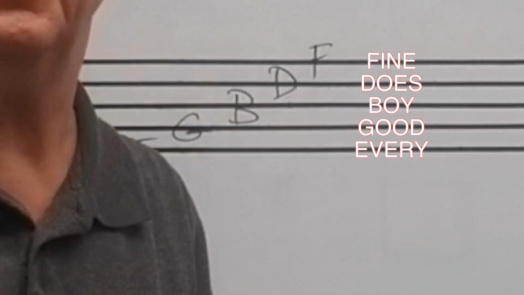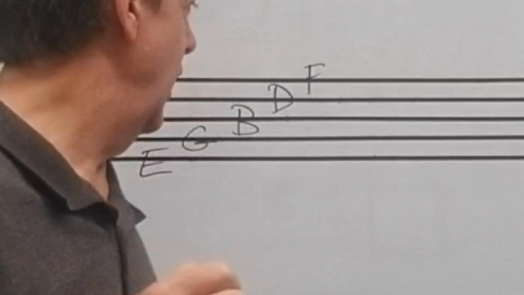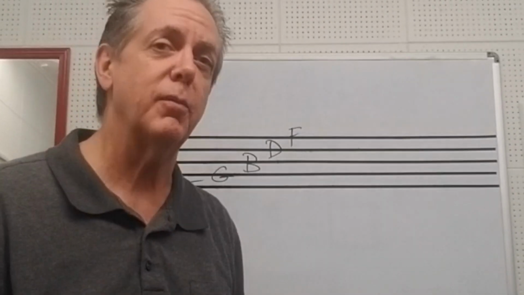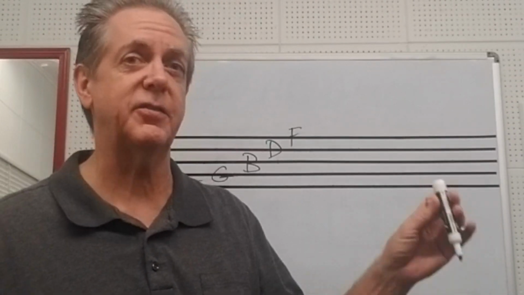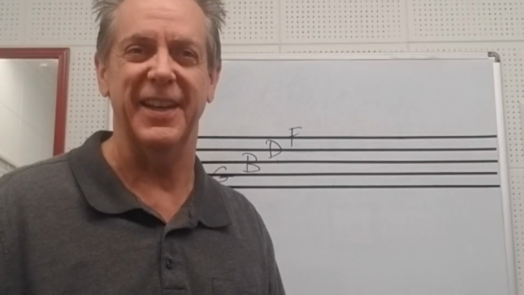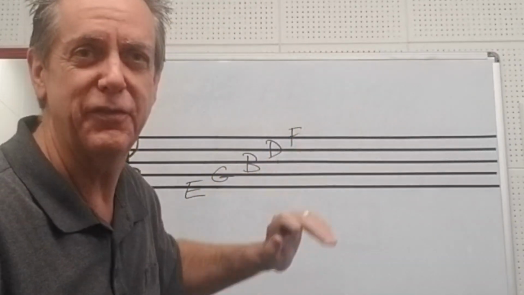Sometimes people come up with other things to memorize: Elvis goes bowling downtown Fridays, empty garbage before dad freaks. I don't care what you memorize, just memorize it. E, G, B, D, F.